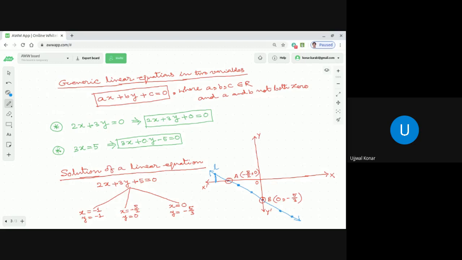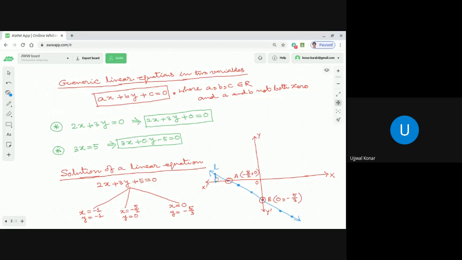In that way, you can find different values of x and y. So what we understood is that if a linear equation is given with only one equation, you can find an infinite number of solutions.